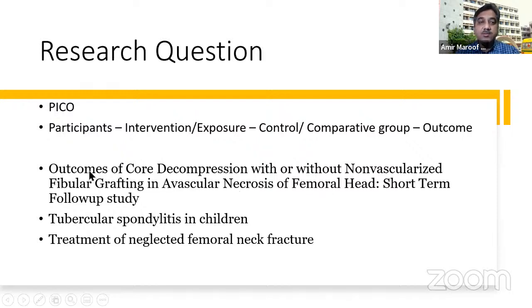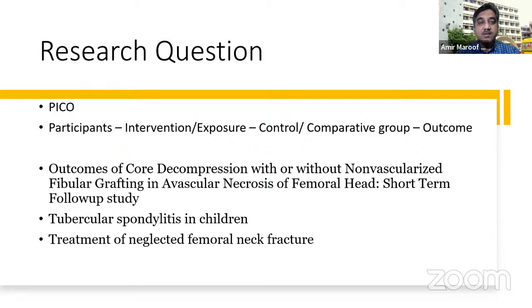And the outcomes, it is mentioned here. So we are seeing that when we do core decompression with a particular technique, or we use another technique, for patients suffering with this condition, avascular necrosis of femoral head. So this completes the whole thing. If you have all these things, then you can say that it is your research question.